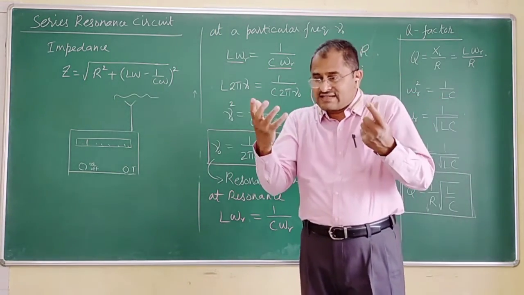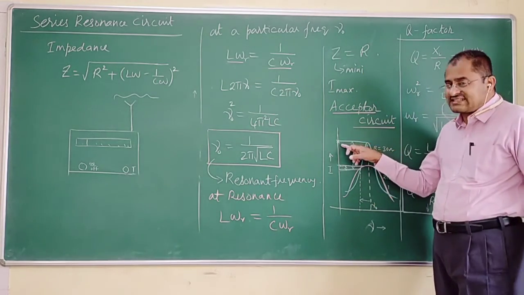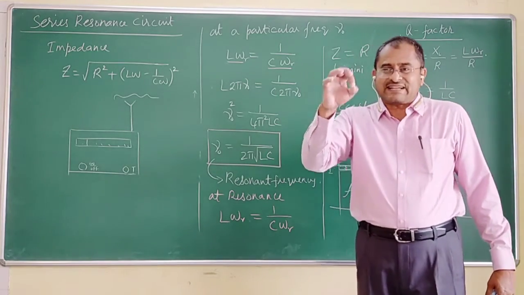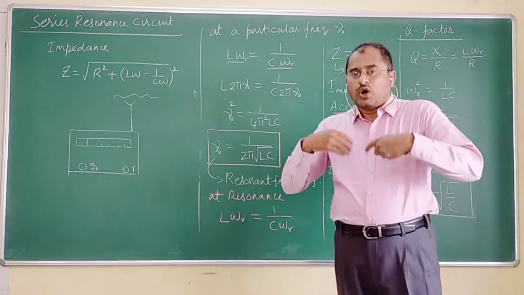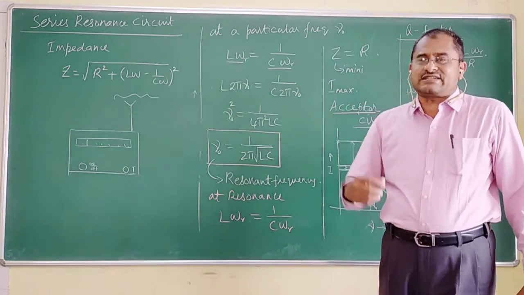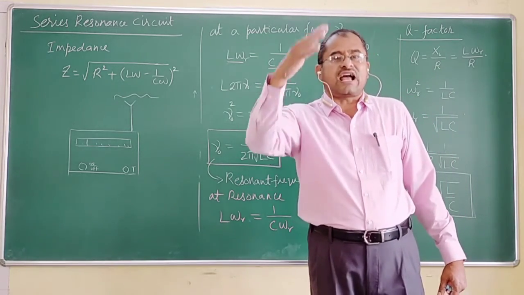Once resonance takes place, the current is maximum, and your radio receiver is able to pick up that particular signal and reject all others. Subsequent modifications then enable you to listen to the song or the program you want.